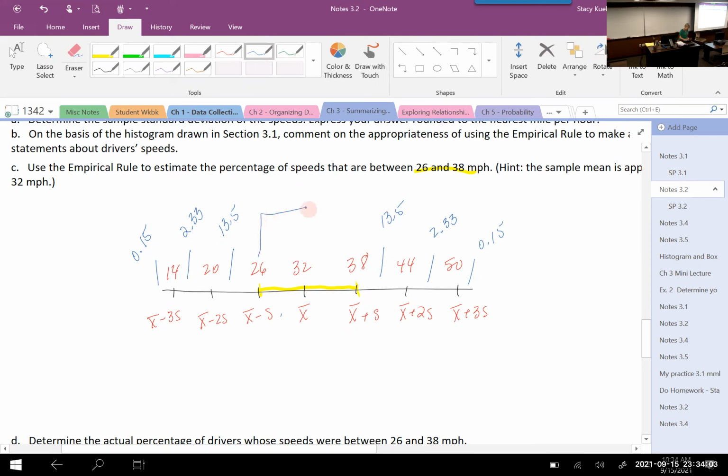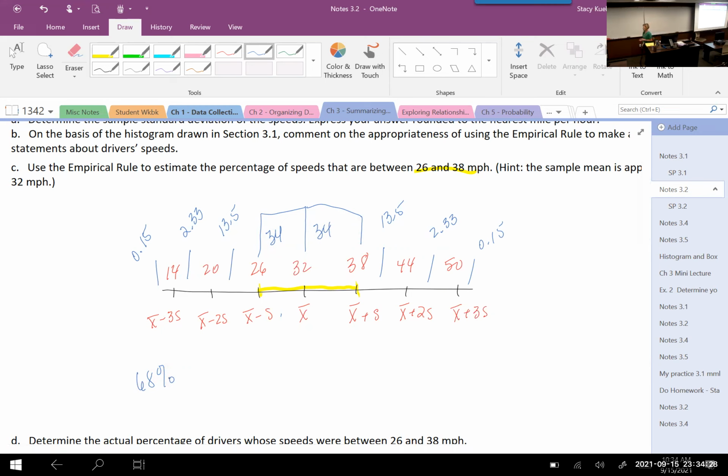If I were to add 34 and 34 together, that would be what? 68. 68%. So 68% of the speeds in this data set fell between 26 and 38 miles per hour.